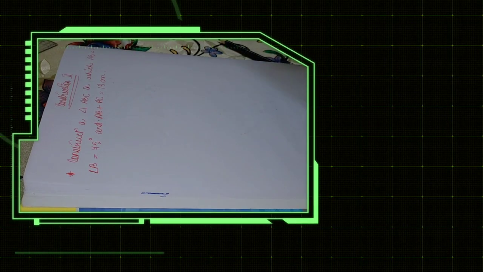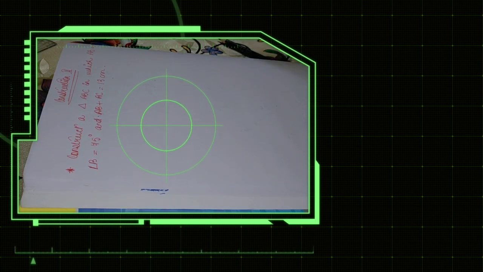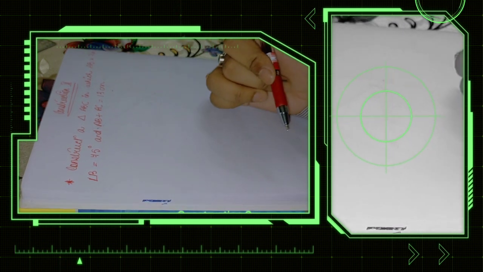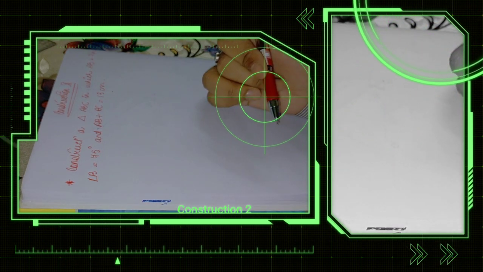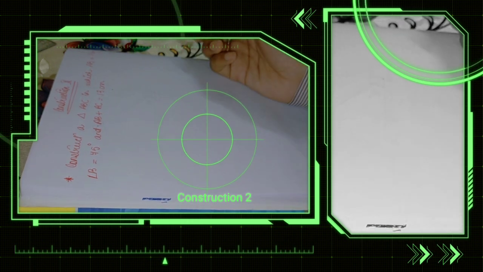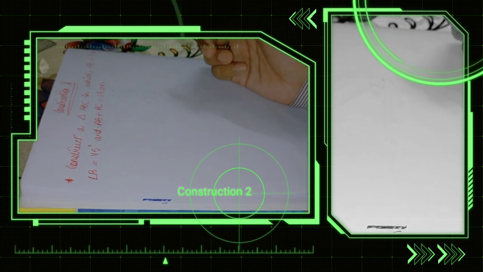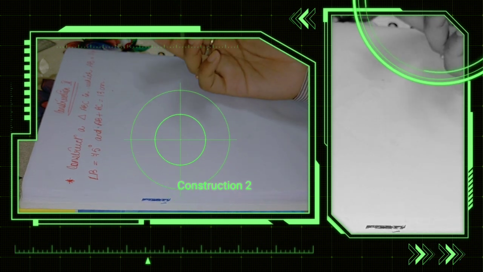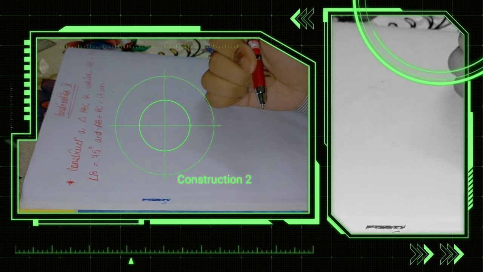Namaskar students, and welcome to the second part of our chapter, that is construction. In our last video we tried to see how to draw various kinds of angles with the help of scale and compasses, and we even checked if our diagram is correct or not with the help of a protractor.